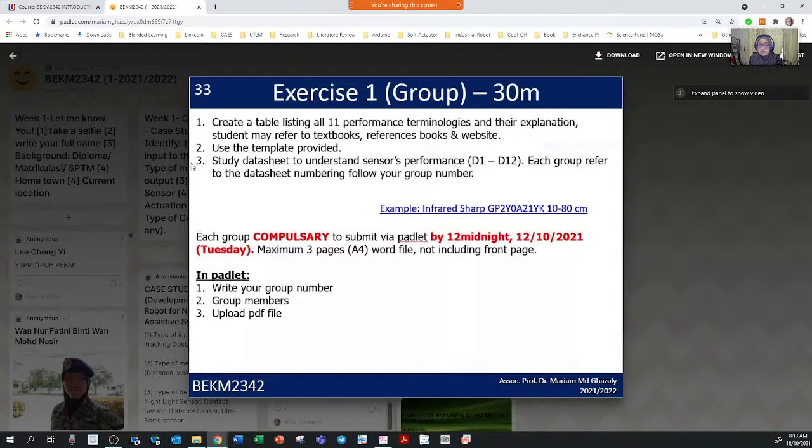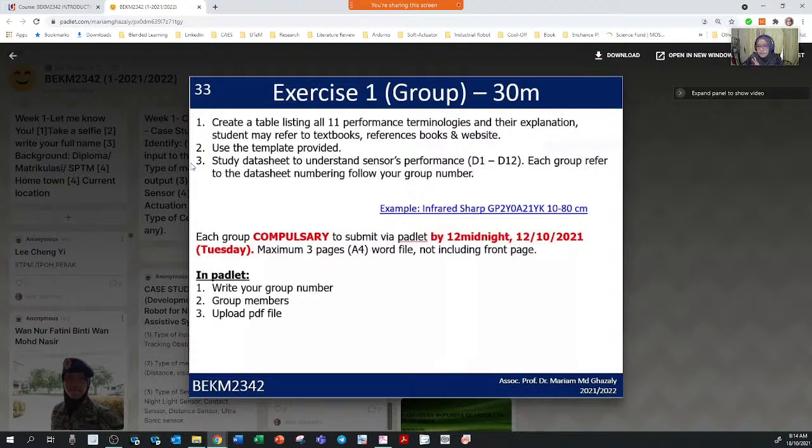The common ones are displacement, force, temperature, and level sensor. Level sensor and displacement sensor are almost the same because they actually measure distance.